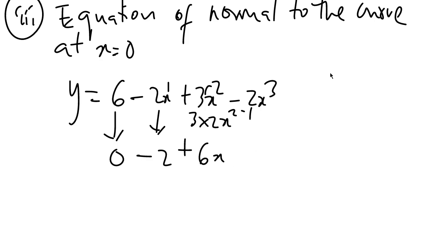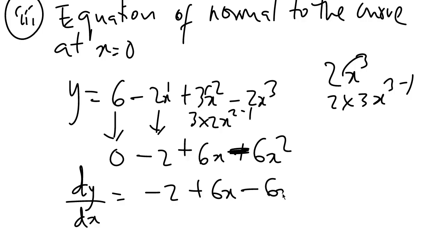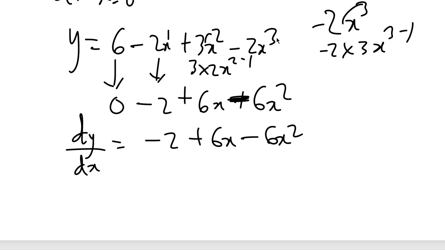And then for 2x cubed, what happens? 3 comes down, right? So it's 2 times 3x to the power 3 minus 1, which is positive 6x squared. So dy/dx, which is the m, is equal to negative 2 plus 6x minus 6x squared, because negative 2x cubed is negative, that's going to be negative 6x squared, right? So this is our m.